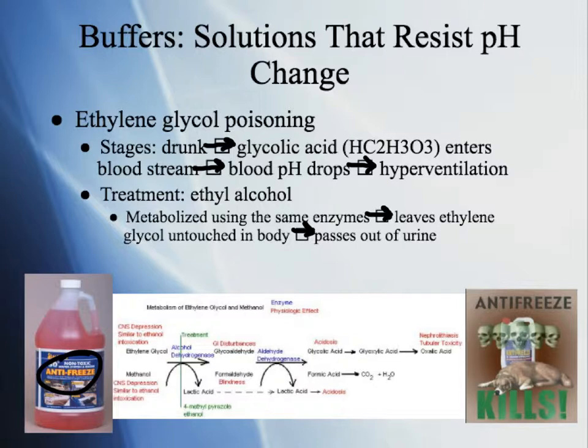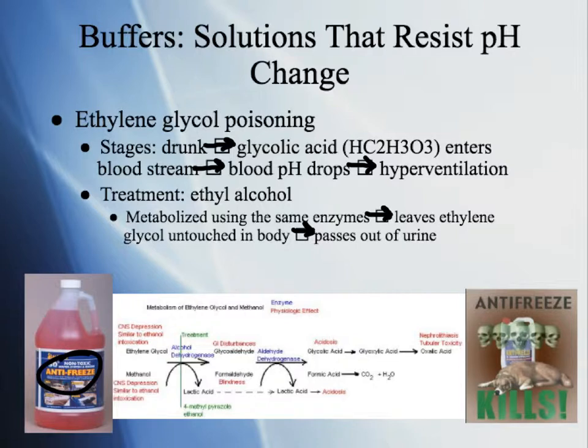So if we add antifreeze to our engines, the engines won't freeze. Whatever water is inside will freeze at a much lower temperature than 0. So we can protect our engines that way.